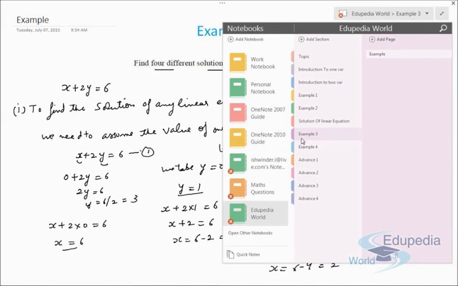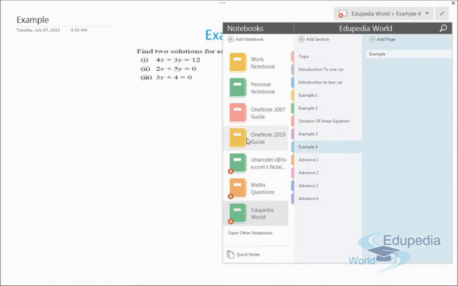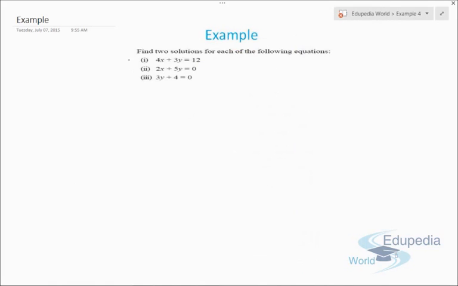Now let's discuss the next example. The next example is we have to find 2 solutions for each of the following equations, 1, 2 and 3. So the first equation is 4x plus 3y equals 12. For that, we first solve each and every equation.